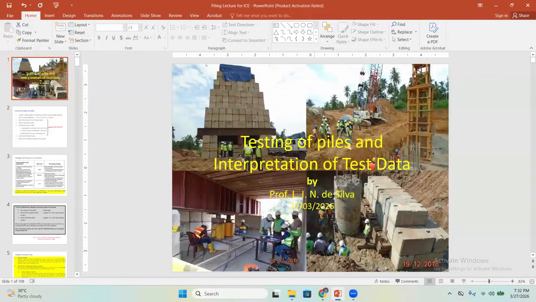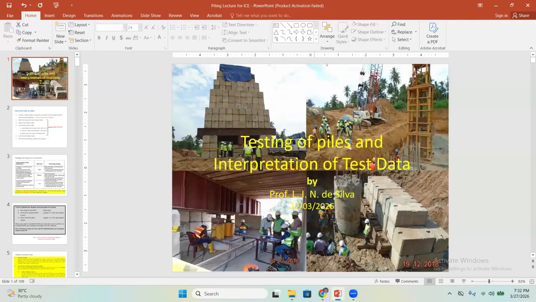Integrity testing is carried out to check whether there are any defects during installation or after installation, to check whether there are any defects along the pile. And there are several methods available to check the integrity.